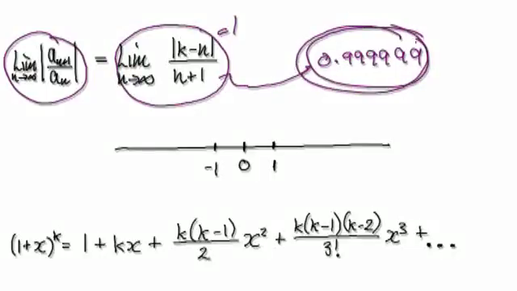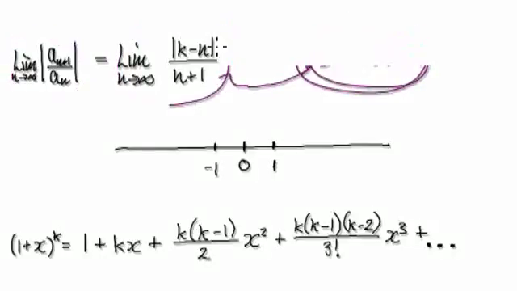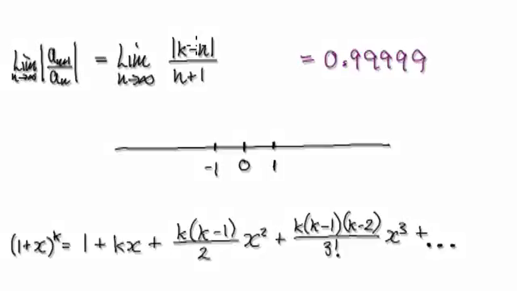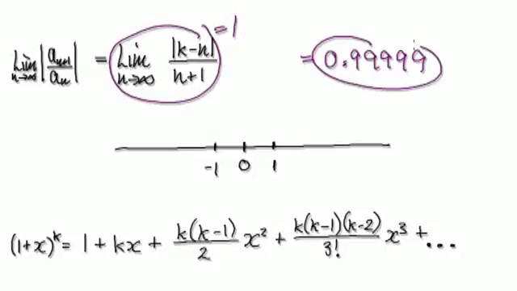So this value here, for example, if the numerator is smaller than the denominator, then you're going to get something like 0.99999. The limit is heading towards 1, but it could be the underside of 1. In which case we will have convergence because this is less than 1.